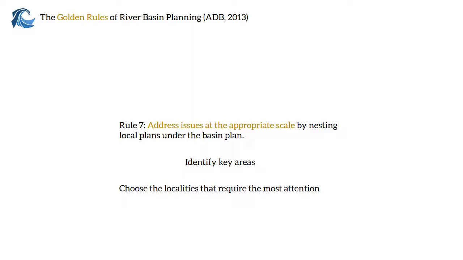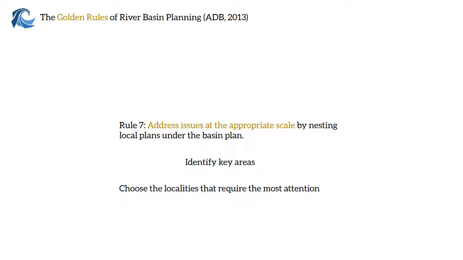Number 7. Address issues at the appropriate scale, such as local plans under the basin plan. So as we know, the river basins are large and they encompass either multiple municipalities or even multiple countries.